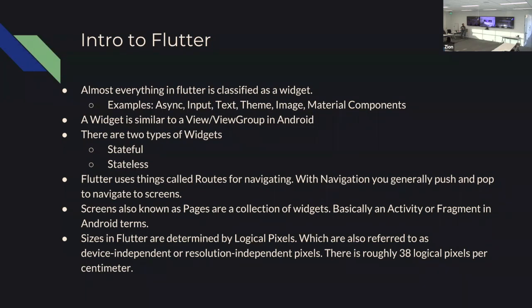And they correlate more to an actual size. So there are 38 logical pixels per centimeter. I had to look that one up because I was curious. I put 8.0 because it's usually a double, and I was like, okay, what exactly does that mean? I looked it up and that's what I found. So, kind of interesting.